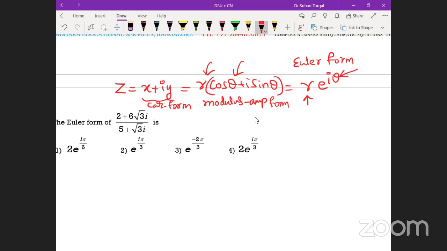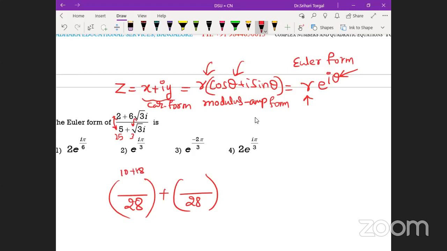Let me try. Let me solve this. What is 5 square? It is 25. What is root 3 whole square? It is 3. It is 28. Now 5 twos are 10, and root 3 into 6 is 18. 10 plus 18, that is 28.